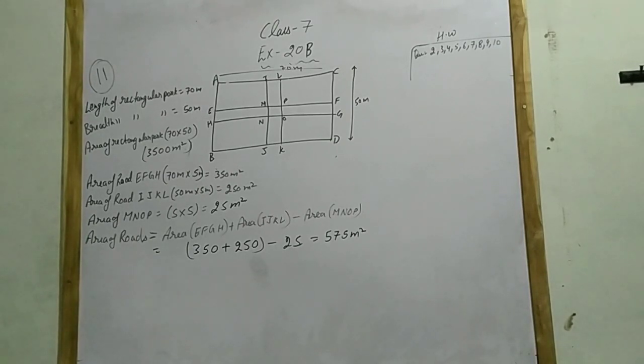In the question it is given that you have to construct the road at rupees 120 per meter square.